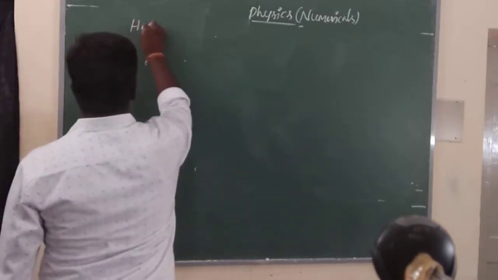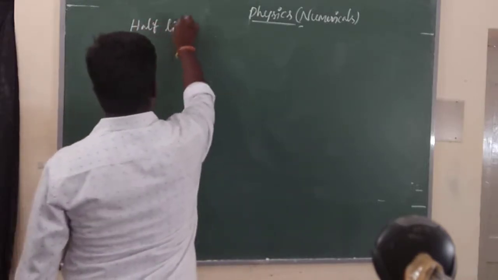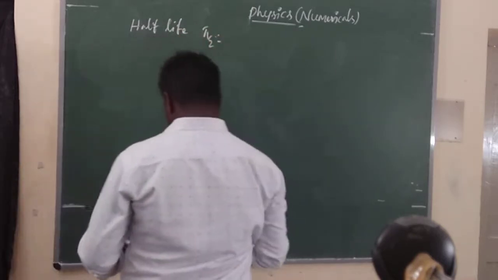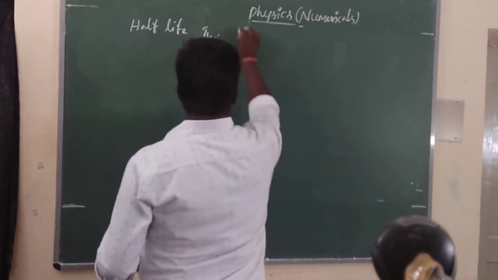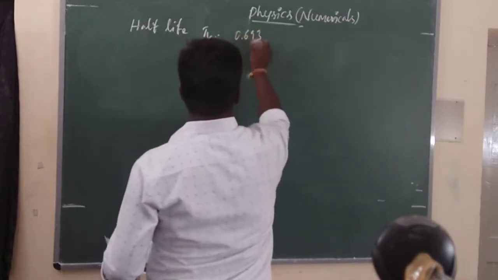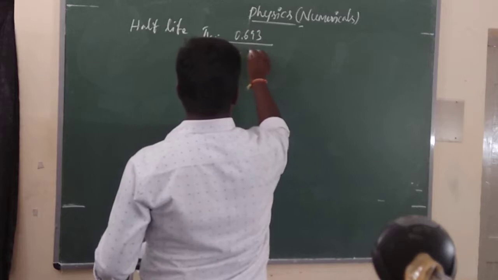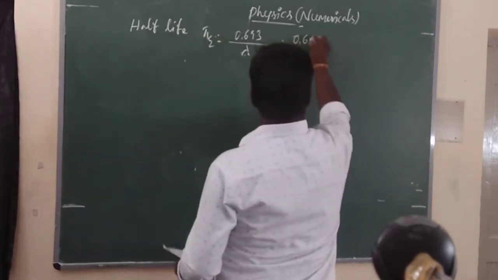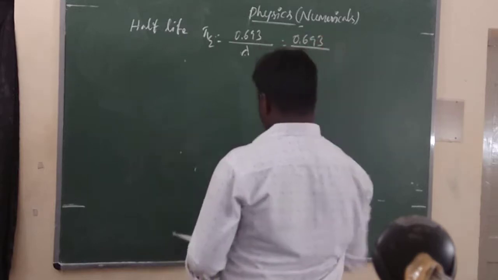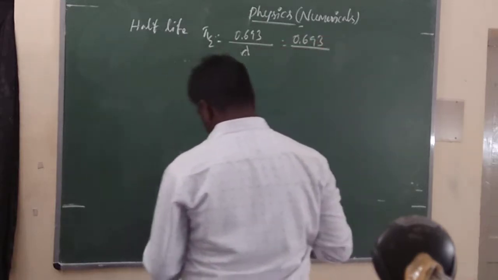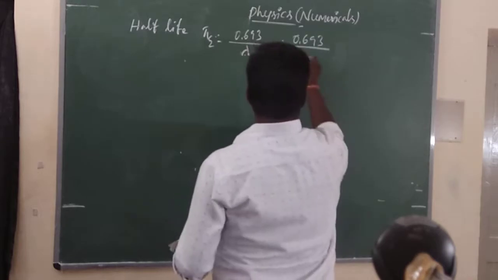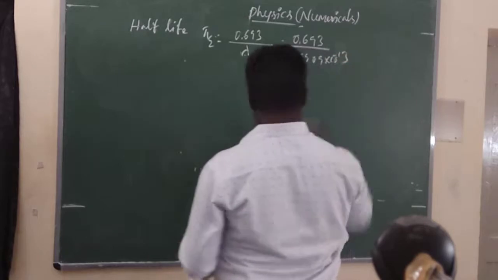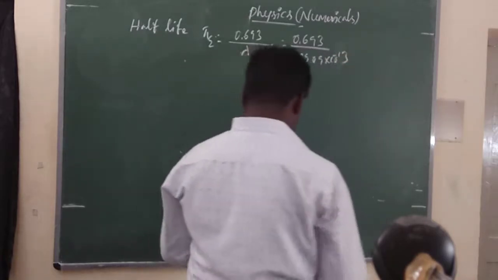T half is equal to 0.693 divided by lambda. So what is the value of lambda? 139.09 into 10 to the power of minus 13.